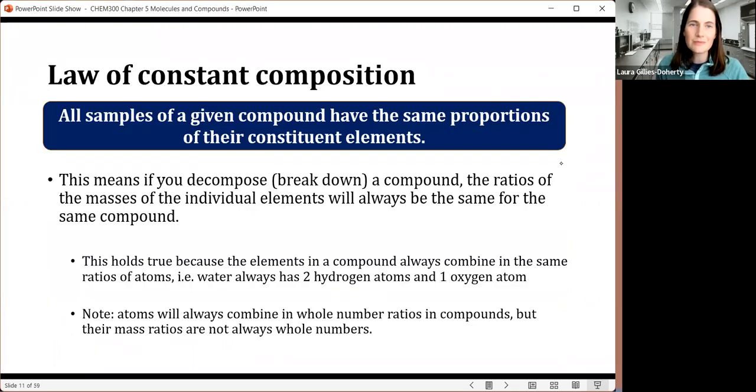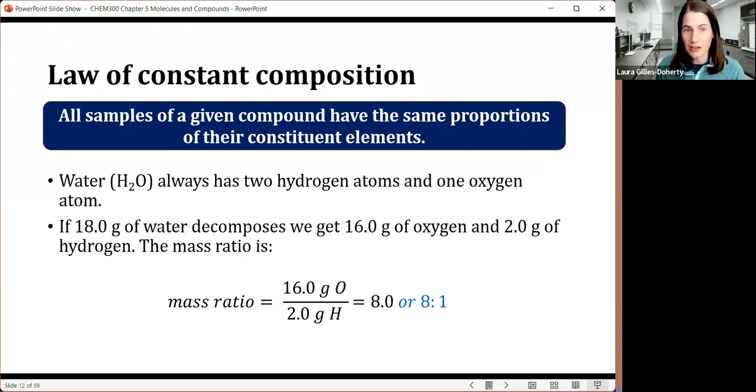So this means if you decompose or break down a compound, the ratios of the masses of those individual elements is always going to be the same for the same compound, because the same compounds always have the same proportions of atoms in them. So for example, water has 2 hydrogen atoms and 1 oxygen atom. So if we break apart 18 grams of water, we'd end up getting 16 grams of oxygen and 2 grams of hydrogen.